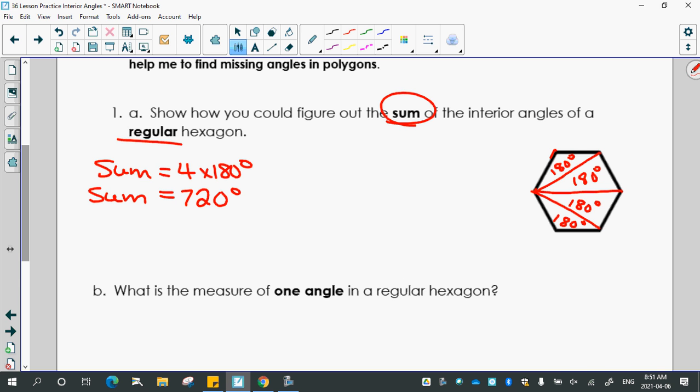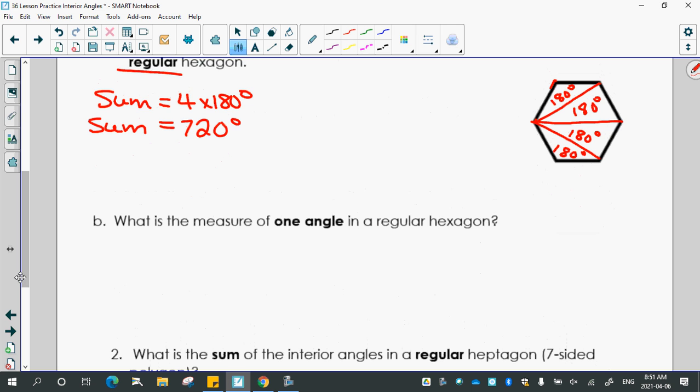So how can we figure out the measure of one angle in this hexagon, knowing that this is the sum of all 6, and all of them are the same? Yep? You could divide the total sum by the number of sides.